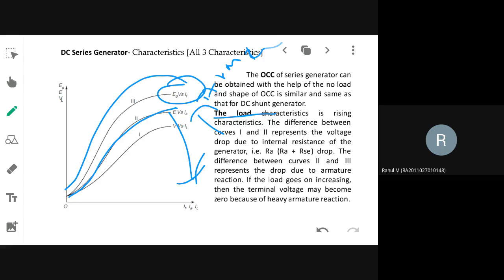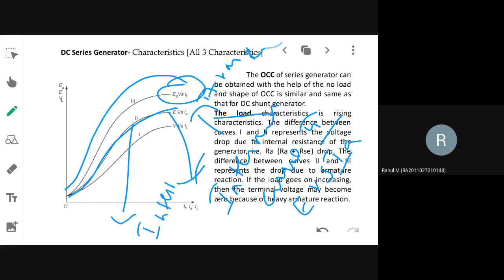So what is the center characteristics? Curve number 2 corresponds to what characteristics? It is drawn between E versus IA. So what characteristics does it represent? Internal. Okay, this one is internal characteristics.